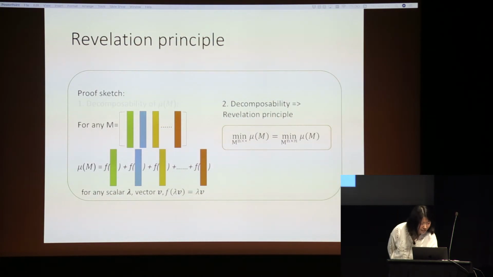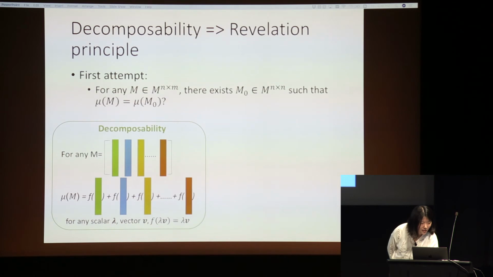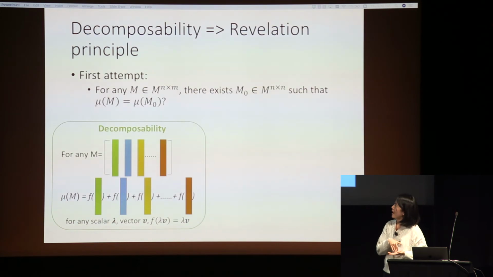I don't know, do I have time? Okay, so one possible step we can try is to show that for every M belonging to this complicated signal space, there exists a square matrix such that they have the same value.